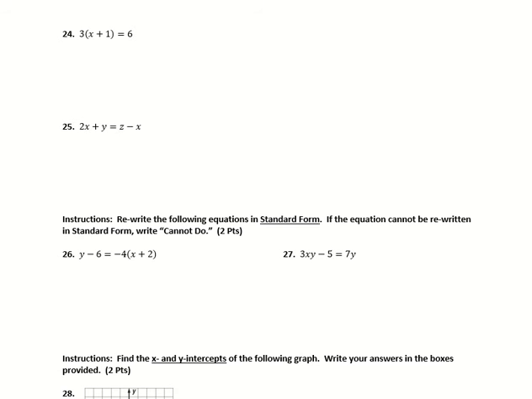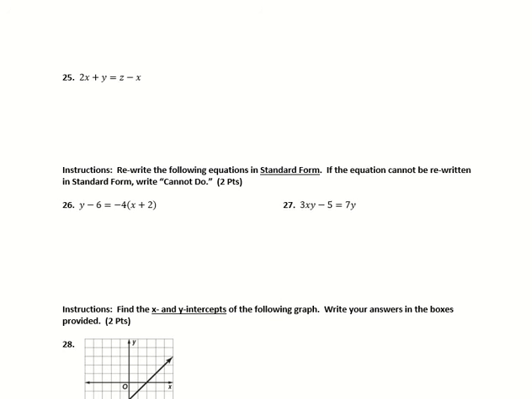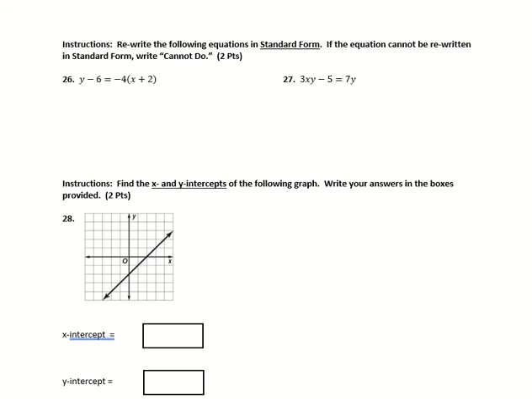Number 25, 2x plus y equals z minus x. Instructions. Rewrite the following equations in standard form. If the equation cannot be rewritten in standard form, write cannot do.